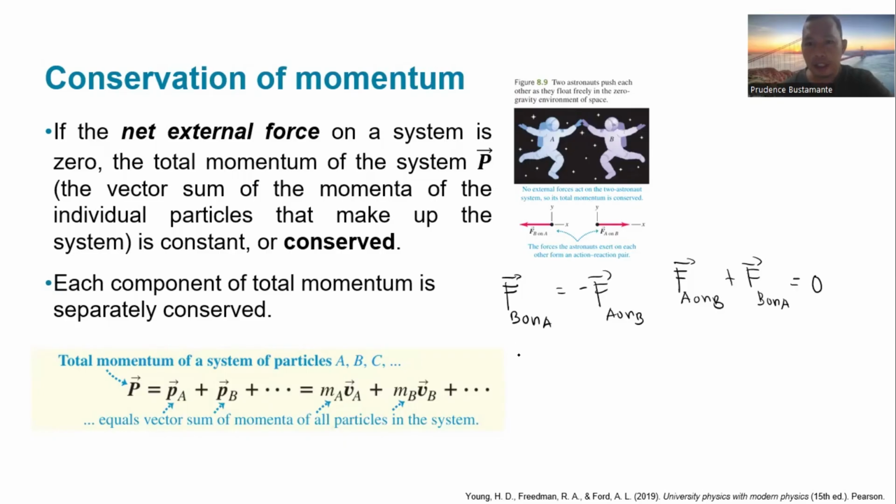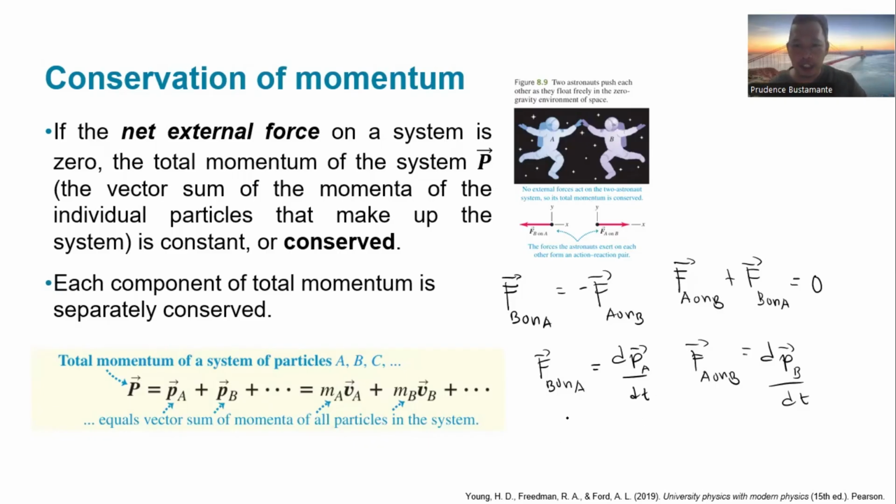Now Newton's second law in terms of momentum: F B on A is equal to the change of the momentum of A with respect to time, dP_A/dt, and F A on B is equal to the change of the momentum of B with respect to time, dP_B/dt. So dP_A/dt plus dP_B/dt is equal to zero.